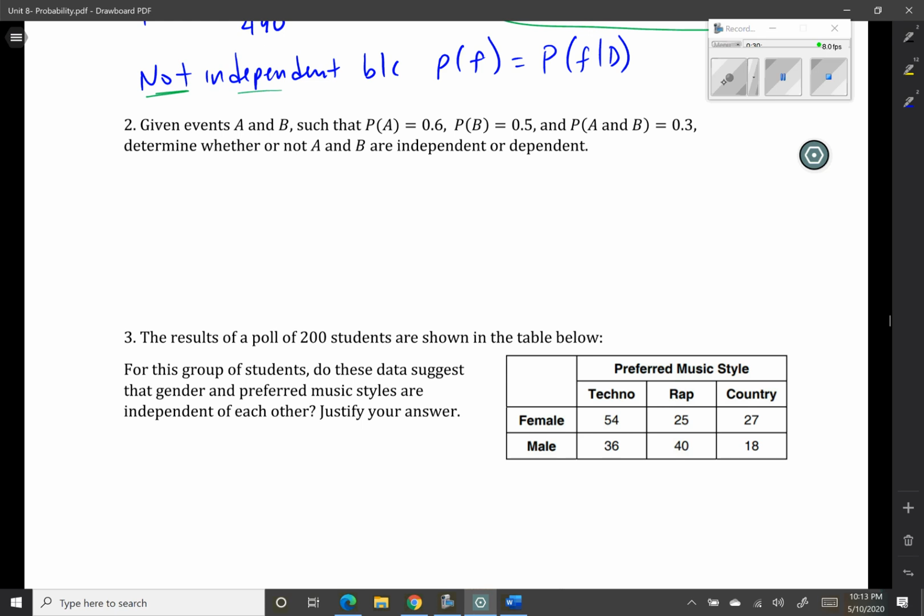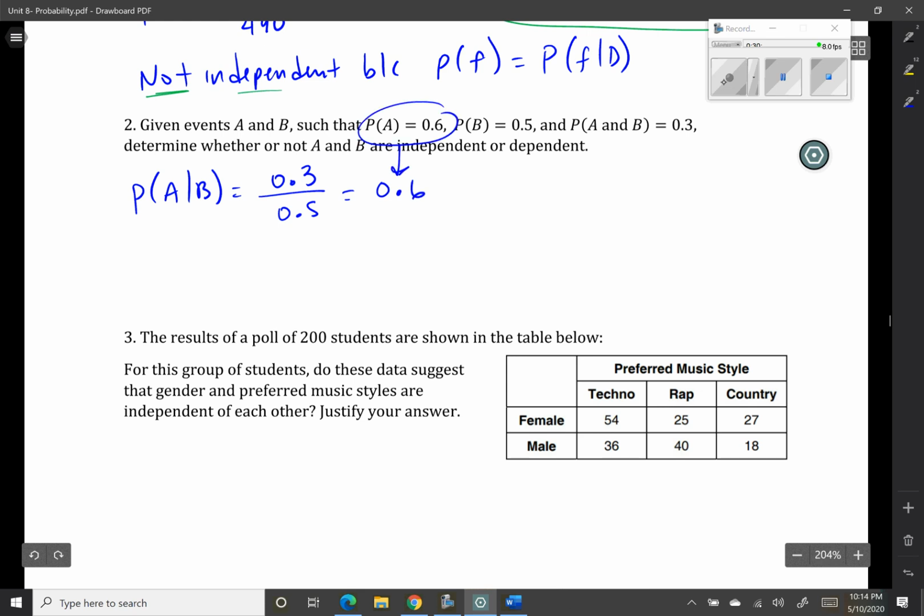To figure that out, I need to find the probability of A given B. Well, to do that, I know I can take the probability of A and B and divide it by just the probability of what was given, and I can see that this becomes 0.6, which is the same as the probability of A. Meaning by introducing B, I did not change the overall outcome of the probability, meaning B has no effect on A. So I could say these are independent.